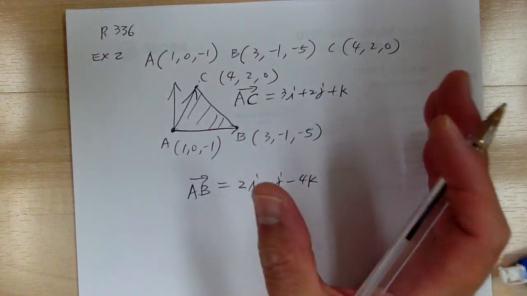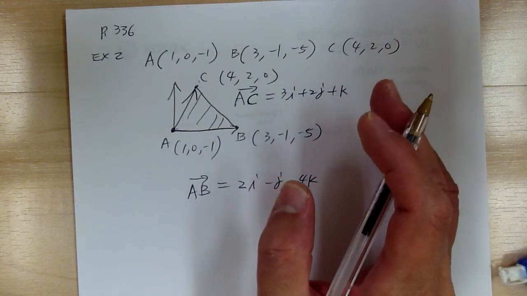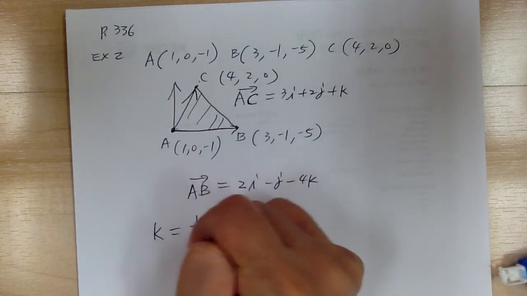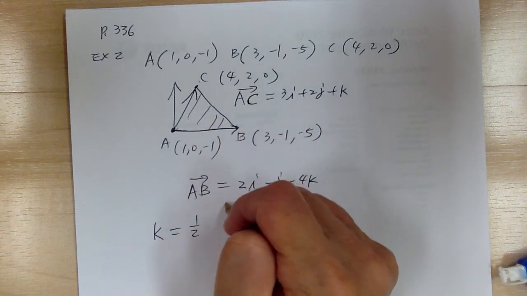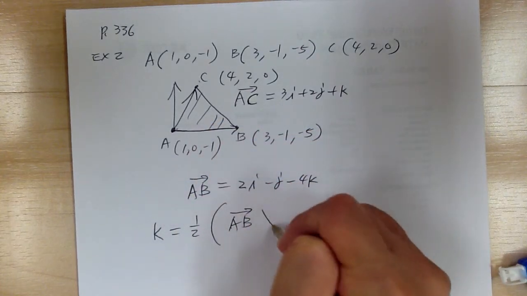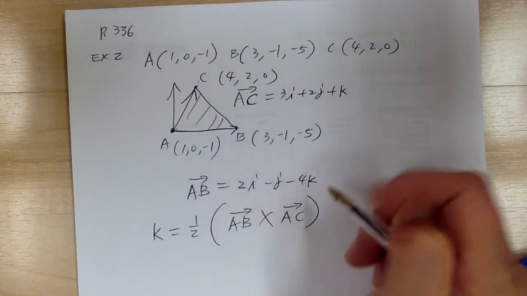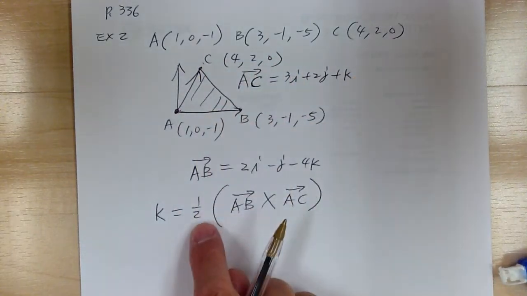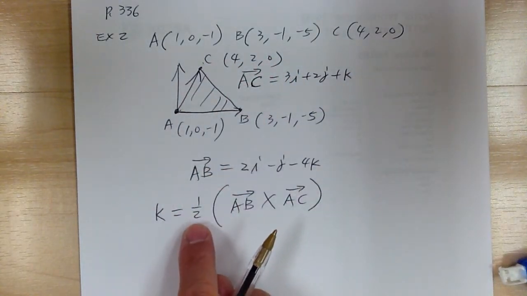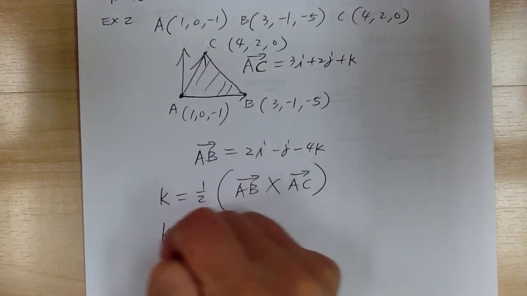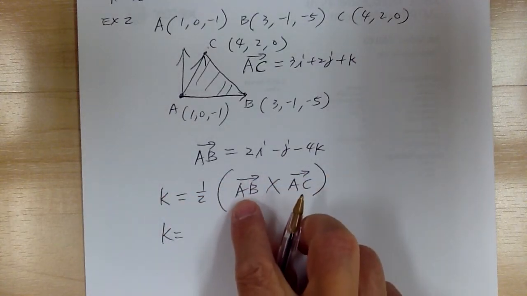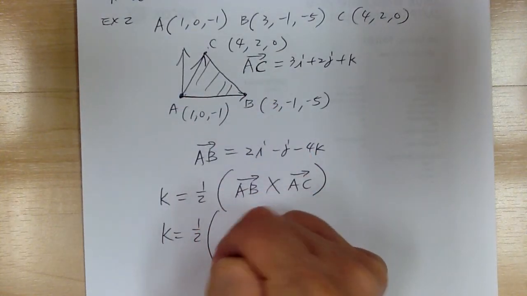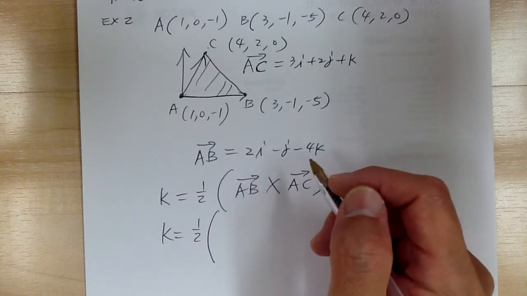And so the area is equal to 1/2, because it's a triangle, right? 1/2 of AB cross AC. So AB cross AC is the area of the parallelogram, and the triangle is half of the parallelogram. So that's why we times by 1/2. Again, we use K for area because A is already used for the point.